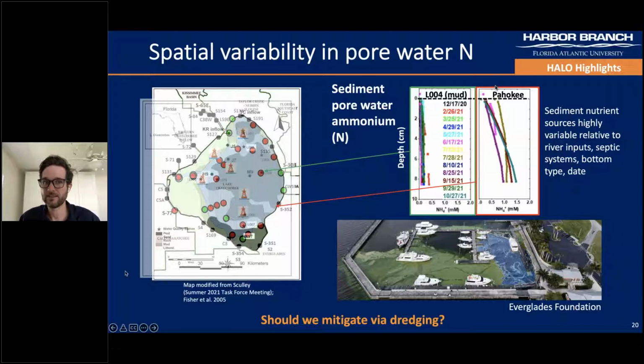They said, you don't see ammonium anywhere else in the lake, you really only see it in Pahokee. And sure enough, on the same scale, you see how much larger the concentrations are in this Pahokee marina relative to L004. So you certainly would have an ammonium flux out when we see a near surface gradient like this. That could definitely explain why the blooms really took off in this area.